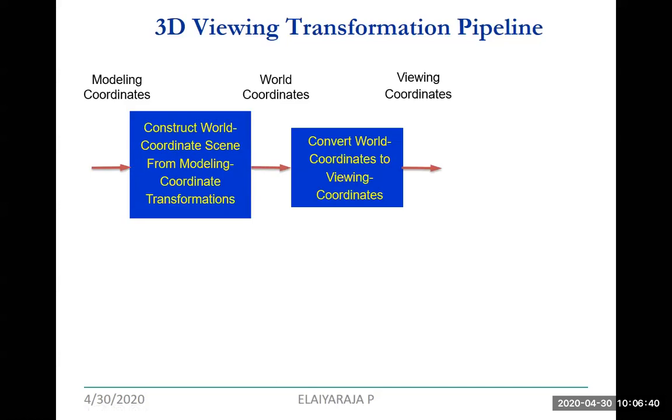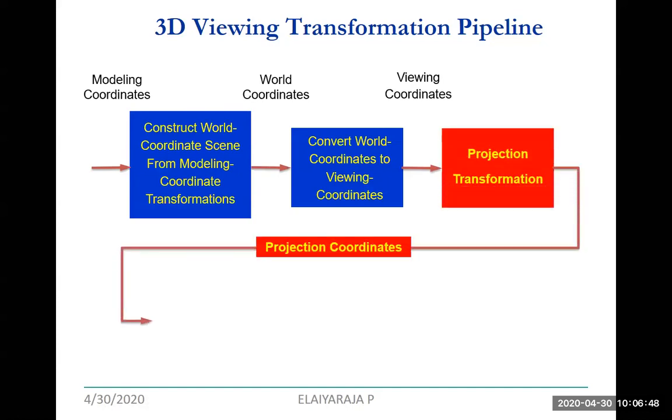Whatever polygon you are going to view has to be viewed through your window ports, so you have to convert world coordinates to viewing coordinates. Then, for viewing coordinates, how we look into them in 3D viewing, the projection transformation matters. Whether you are going to view a parallel or perspective projection, right?